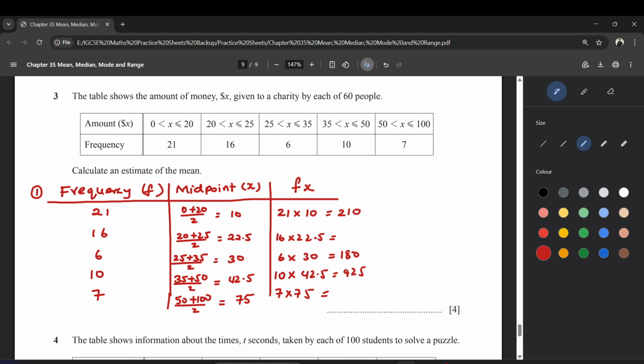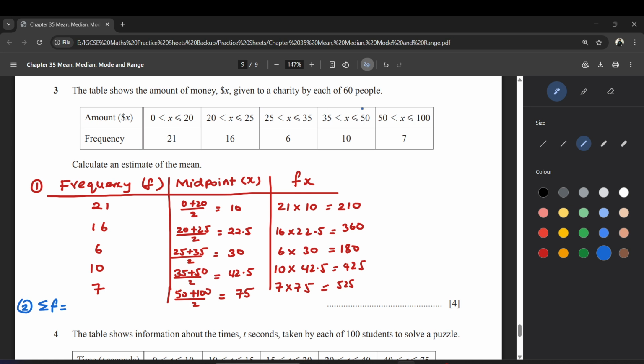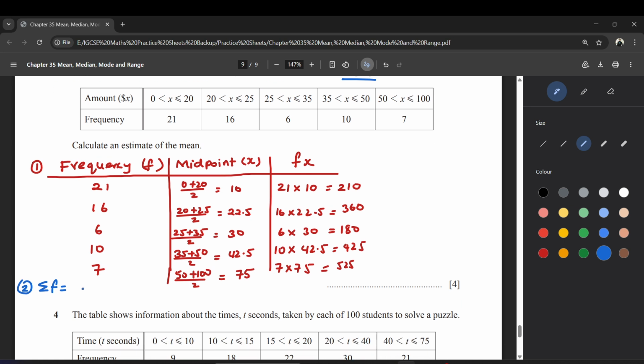Okay, so we'll work this out. 7 times 75 is 525. Then 16 times 22.5 will be 360. All right, that is your step number one. Step two is write sigma f. So here also we know that there were 60 people, so that would be your sigma f. Calculate sigma fx.